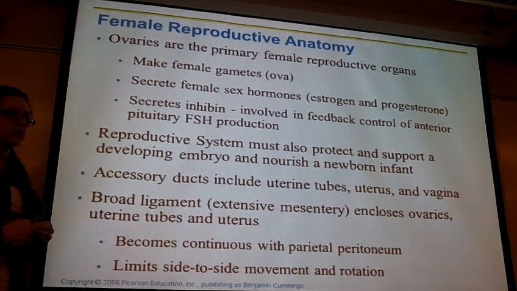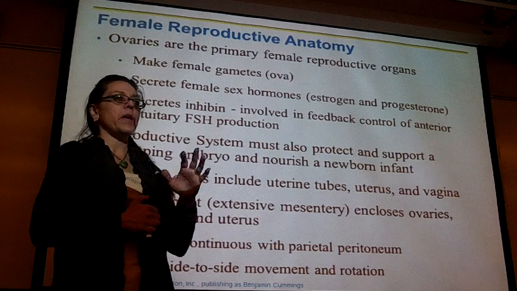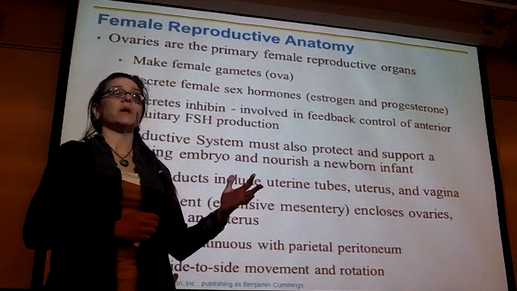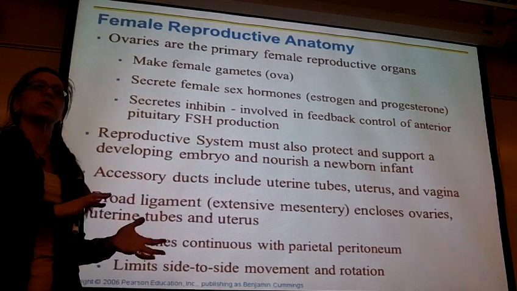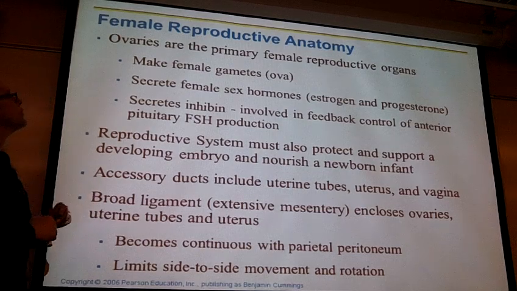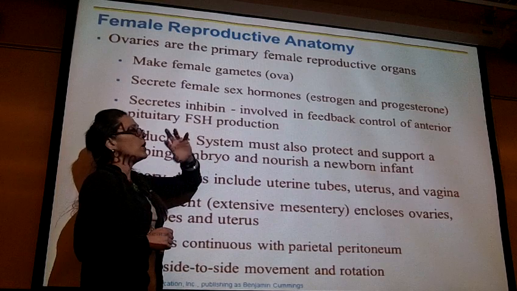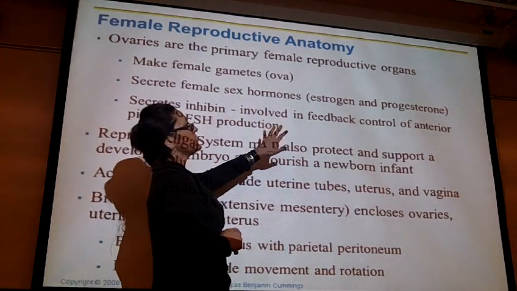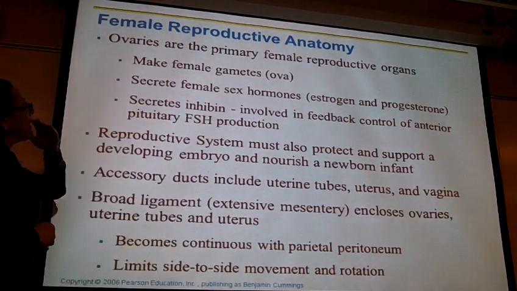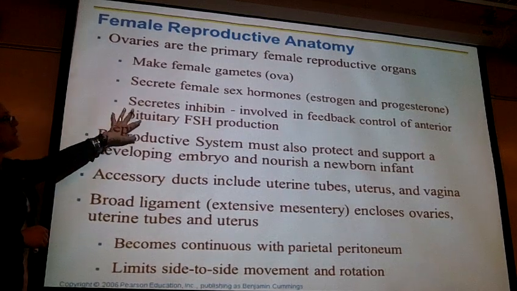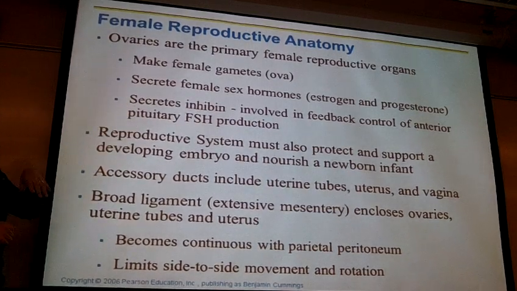We often use the term egg to refer to oocytes, and we'll see what the difference between an oocyte and an ovum is. And then the ovaries are going to make the female sex hormones, and the ones that we're going to talk about would be estrogen and progesterone. And we'll see that there's going to be a negative feedback system that's set up.